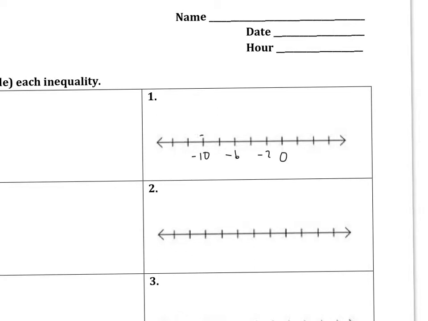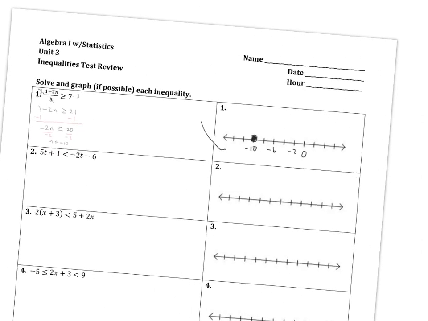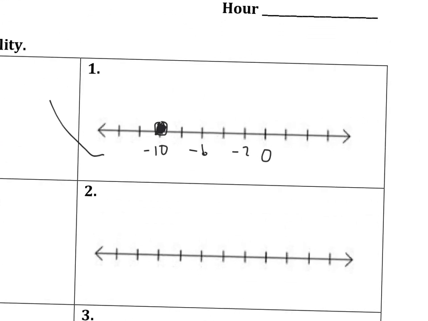And then we would have a closed circle at negative 10 because it's less than or equal to. And then we are going to go, I believe it was less than, right? Yep, we had to flip the inequality to less than. So then we would shade to the left. And that's our final answer.